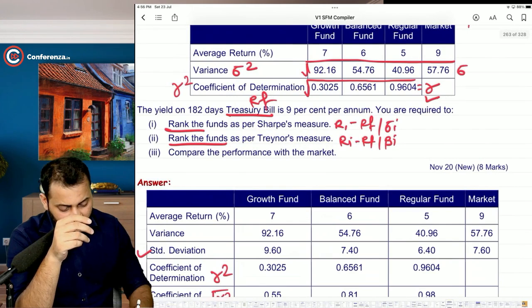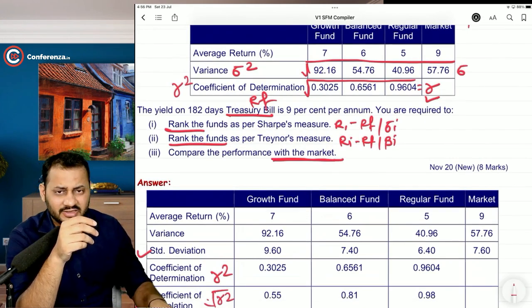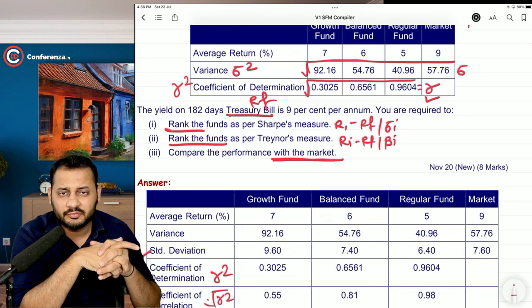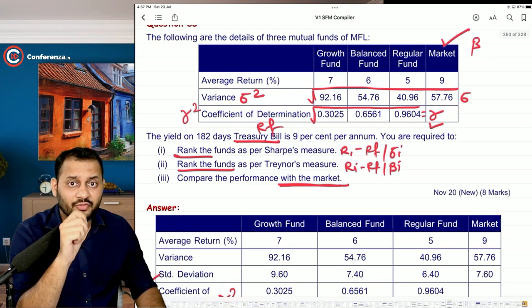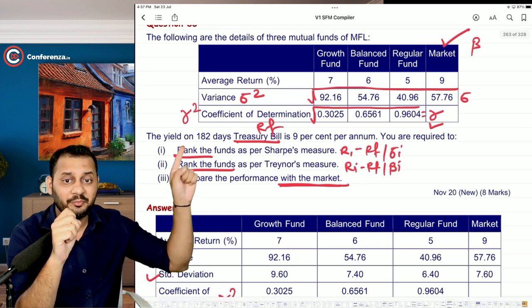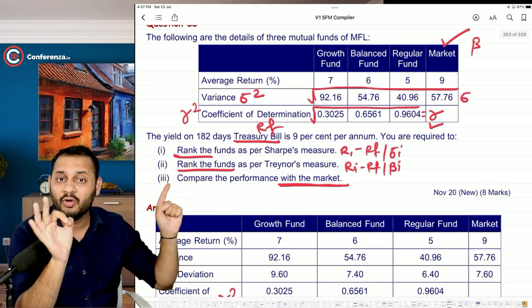Compare the performance with market. What does that mean? You have to find out the Sharpe's and Treynor's ratio of the market also.